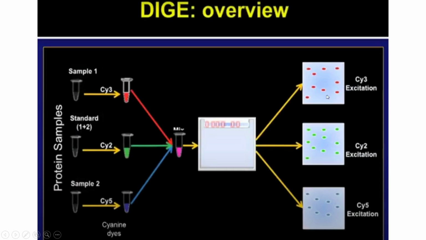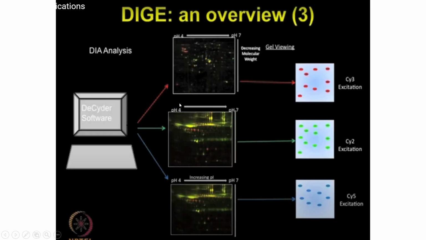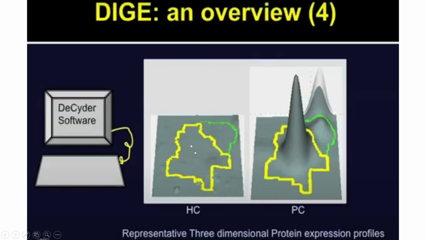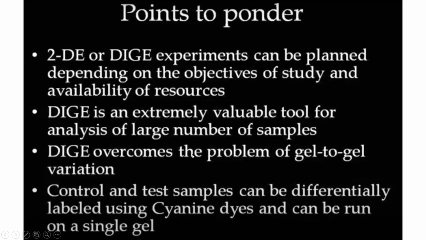Then accordingly, spots can be observed in different samples depending upon the type of excitation you are giving. That's the overview of the dyes. This is how the gel samples look. Then by using DeCyder software, you can understand which spot has been overexpressed, which is downregulated, etc.